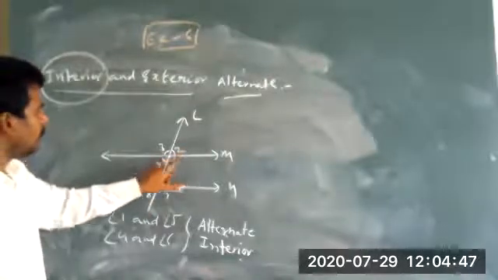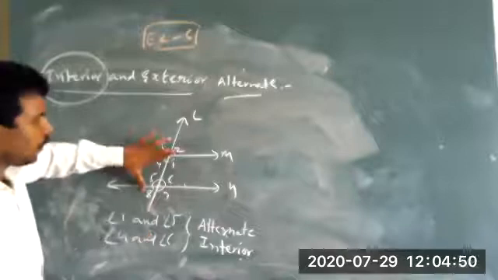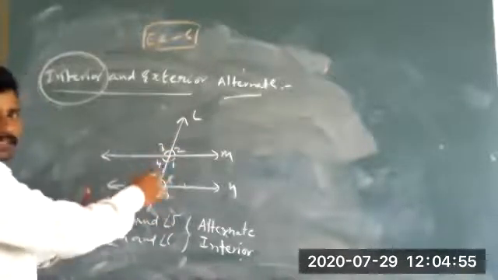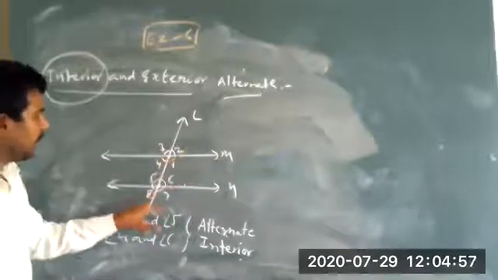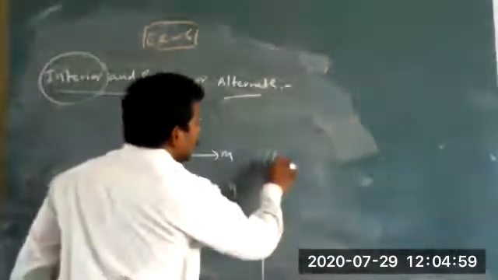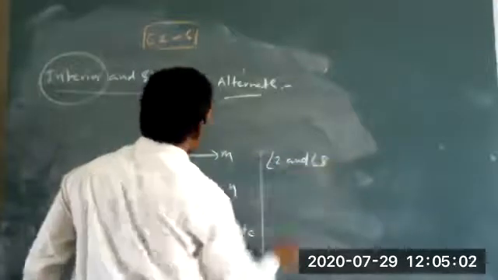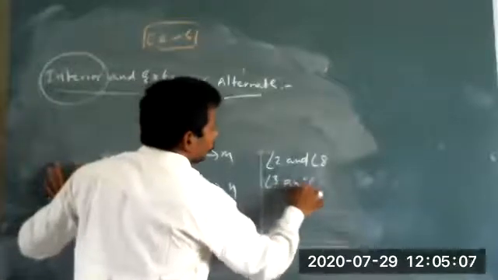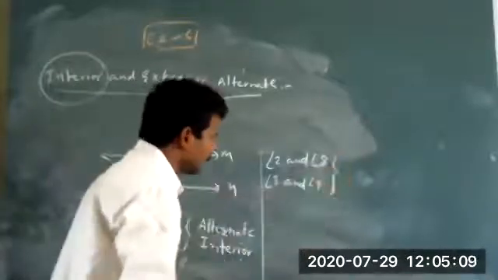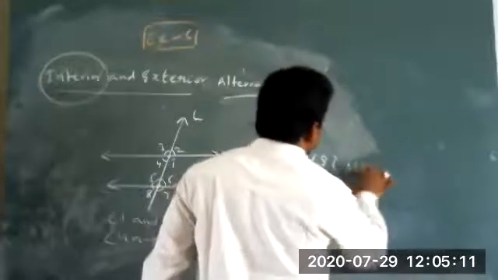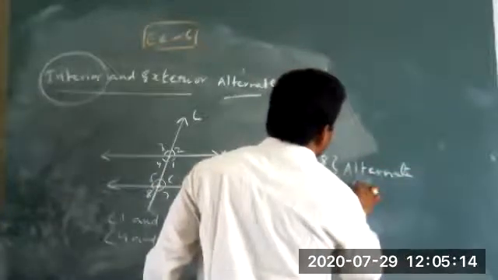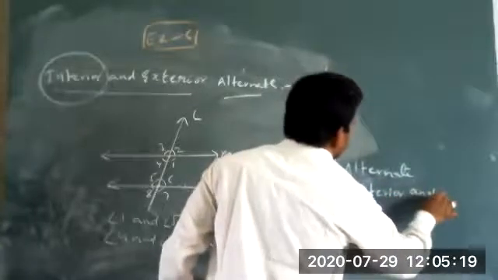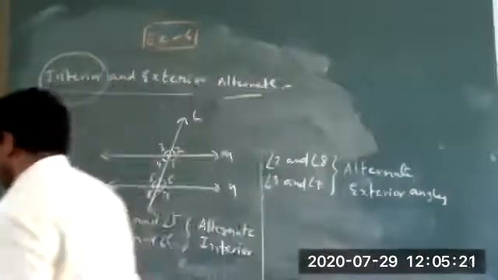Now, angle 2 and angle 8 are alternate exterior angles. This side and this side, not the same side. And angle 3 and angle 7 are also alternate exterior angles.